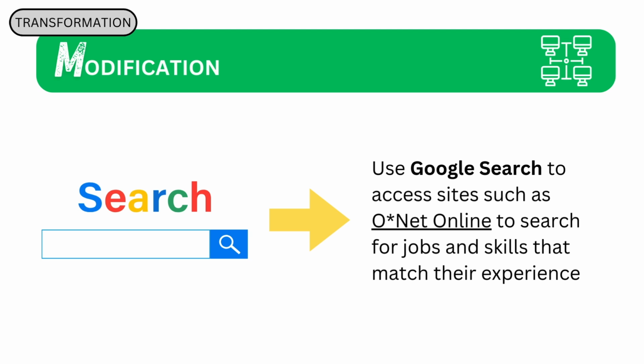Students aren't just engaging with the information, they're actively seeking, analyzing, and applying it in a dynamic, real world context. This fundamentally changes how they experience the task, elevating their learning experience beyond what would be possible without technology.